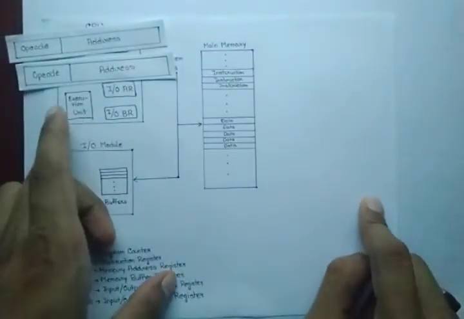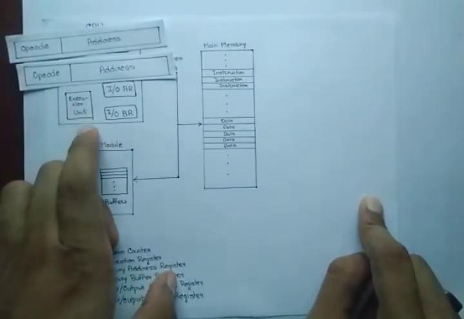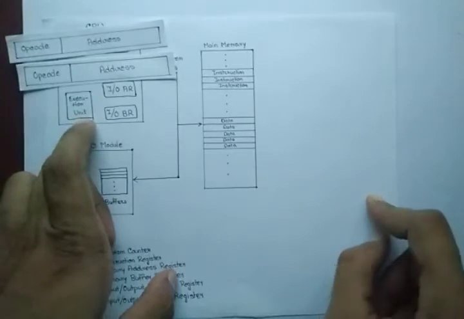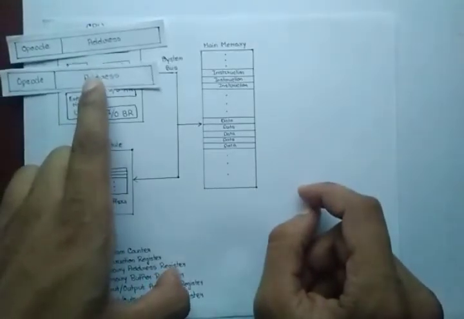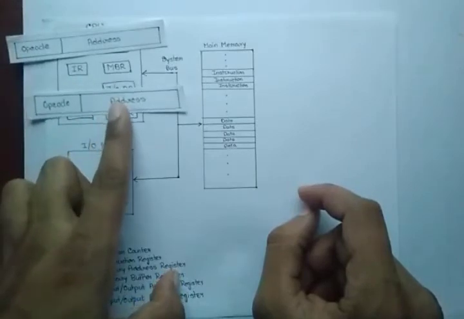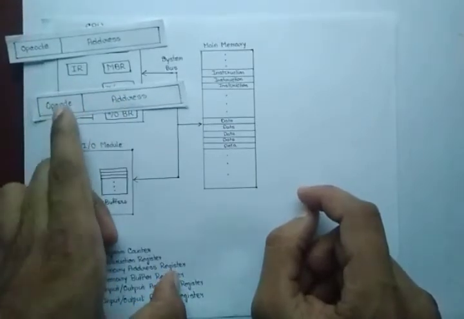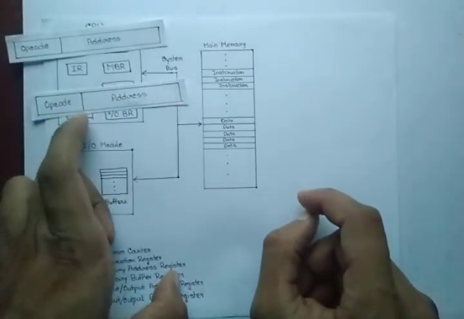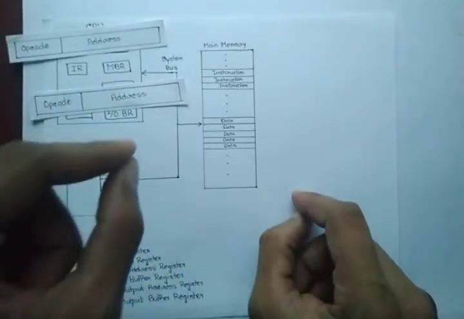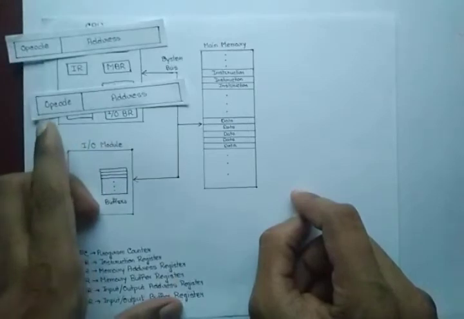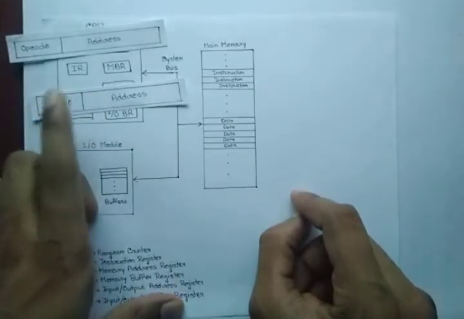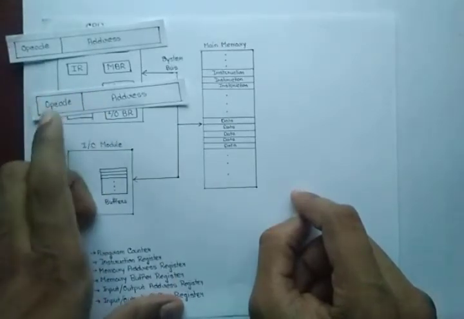The execution of this instruction will be done by the execution unit. The execution unit will go to the instruction register and get the instruction, which is this one. After it loads that instruction, it will interpret it and get to know what that instruction is telling. It sees an opcode and interprets it.